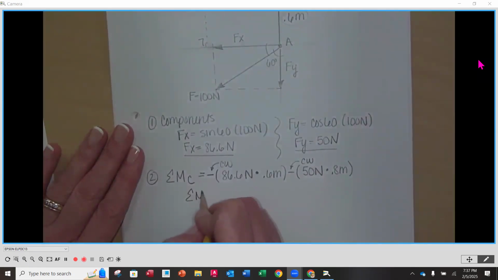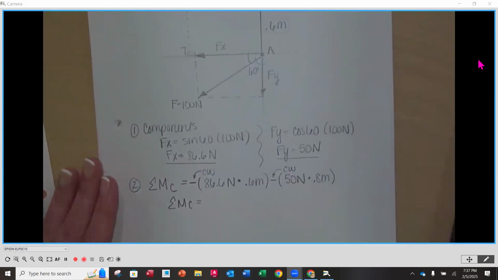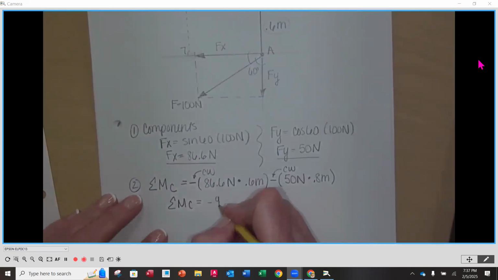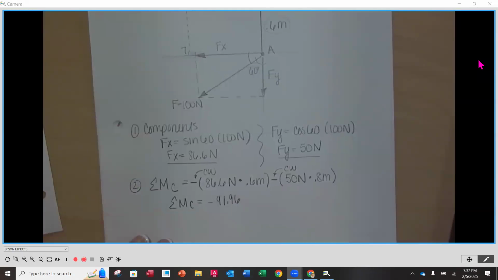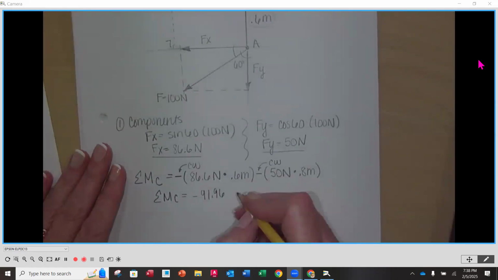What do we get for the total moment about C? We should get something close to what we had earlier. Negative 91.96 newton meters. Before we had negative 91.9, right? That might have matched if we had held one more decimal place.